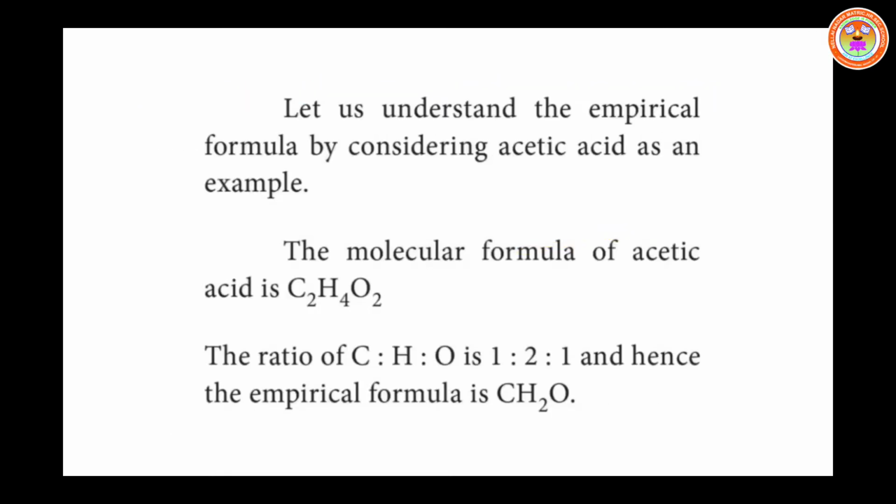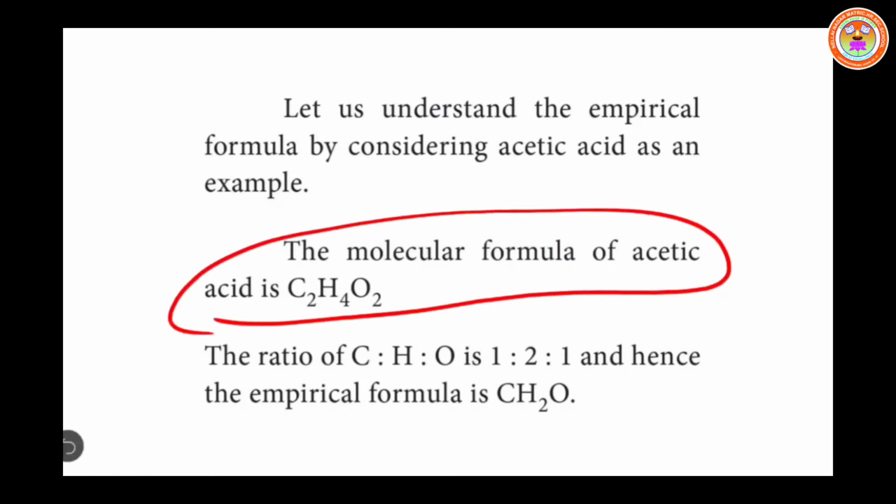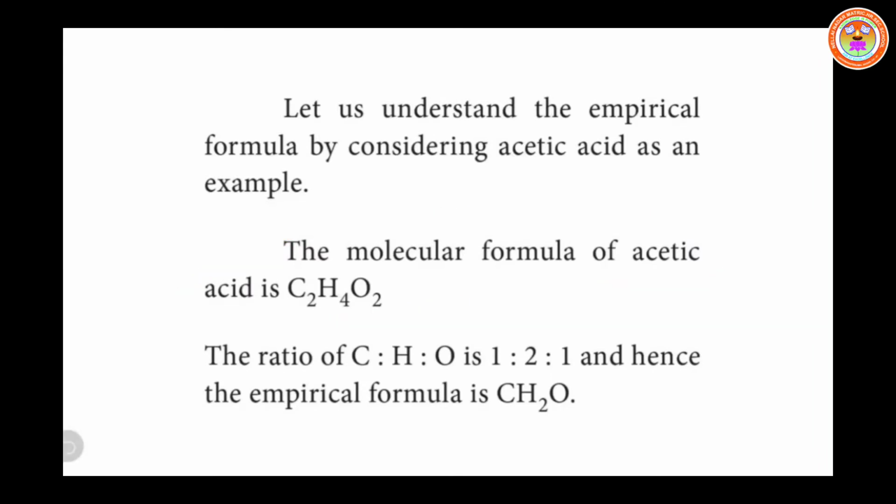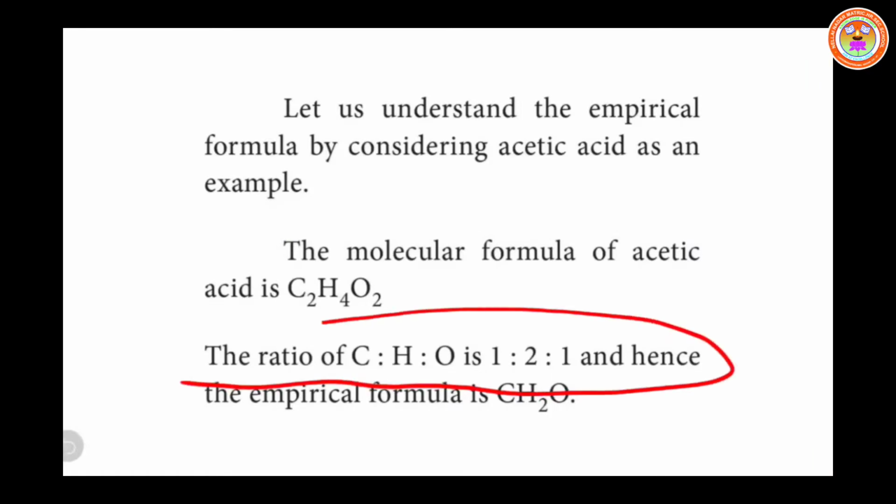For example, let us consider the molecular formula of acetic acid. The molecular formula of acetic acid is C2H4O2. The different atoms present in acetic acid are carbon, hydrogen and oxygen. Okay children, the ratio of carbon, hydrogen and oxygen is 1:2:1.